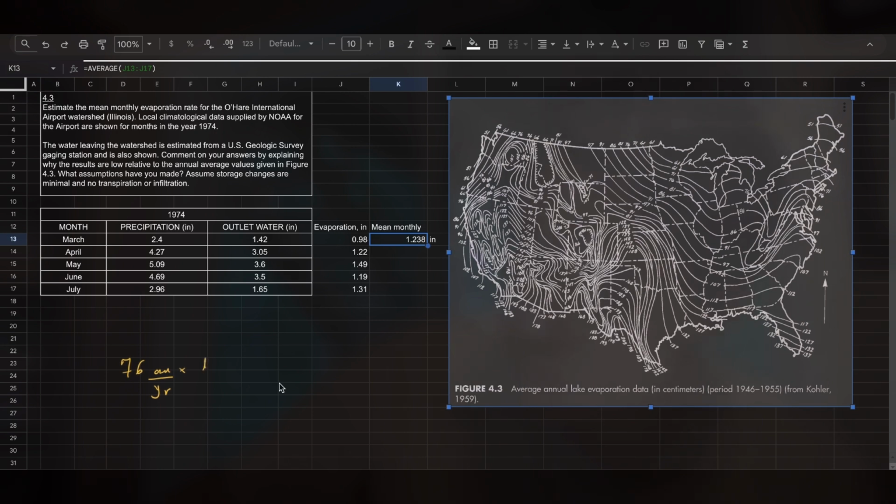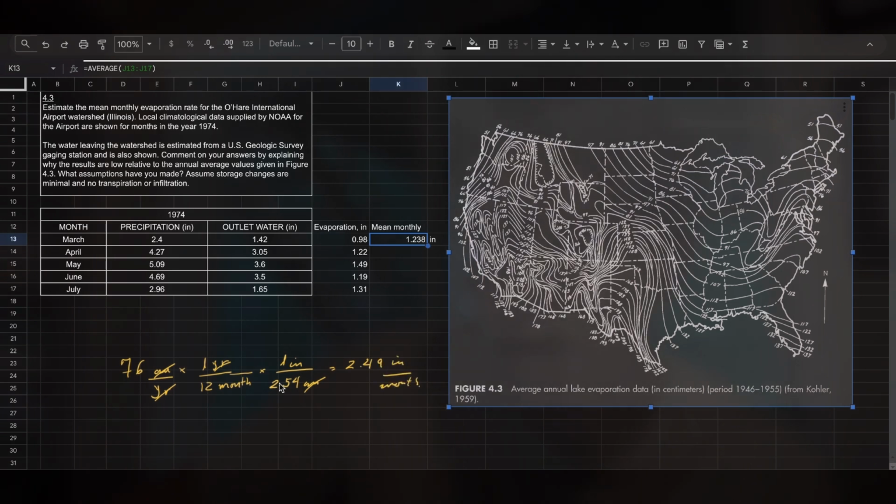So in 1 year we have 12 months, multiplied by, in 1 inch, we have 2.54 centimeters. So centimeters cancel, year cancels, and we have at the end 2.49 inches per month.